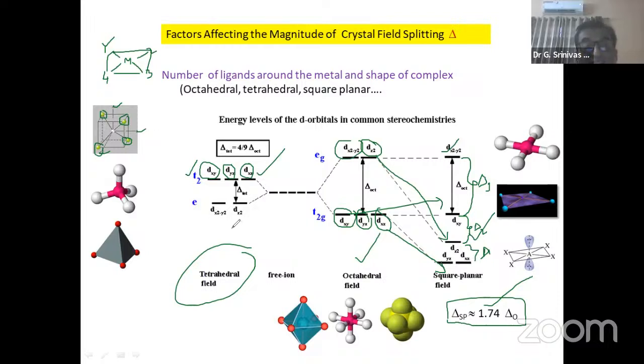That's why in tetrahedral complexes, the eg orbitals' energy is less and the t2 orbitals' energy is high, and there is an energy gap between these two.